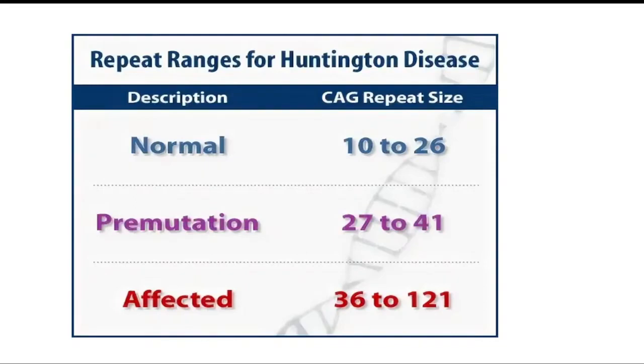The premutation stage is from 27 to 41 repeats. So the reason is the increasing of CAG repeats from 36 to 121.